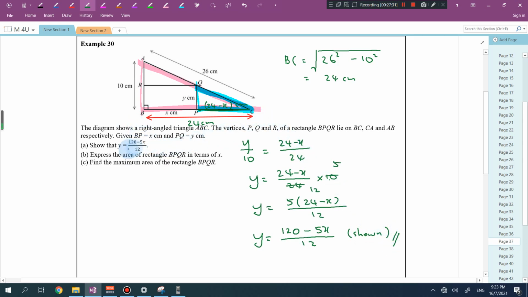Okay, next part. We want to express the area of rectangle BPQR in terms of x.